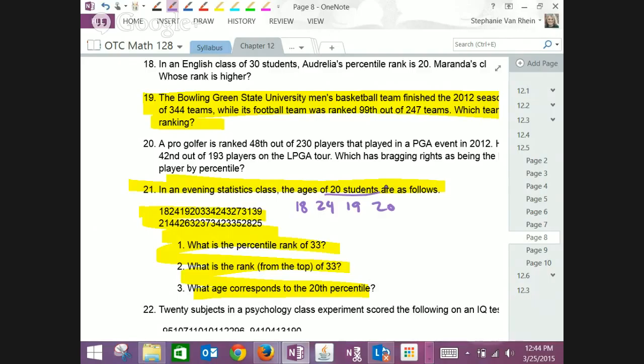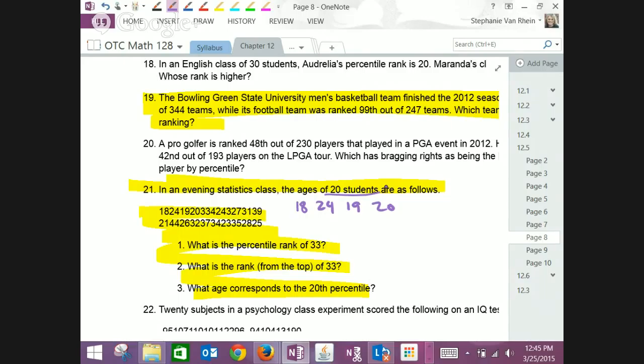X is how many people are below it. If I want the 20th percentile: 0 percentile, 5, 10, 15, 20th percentile. The 5th number would give you the 20th percentile. Make sense?